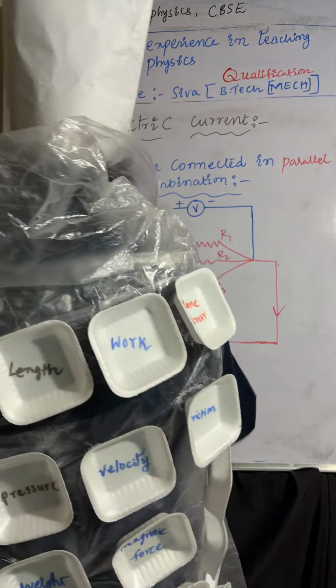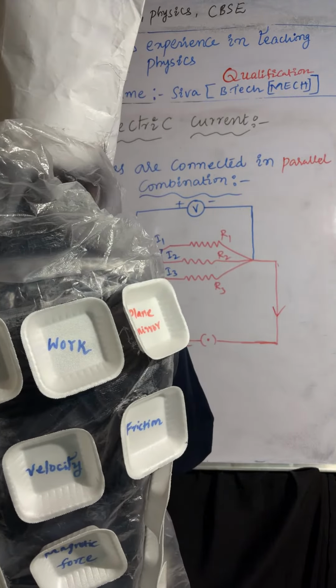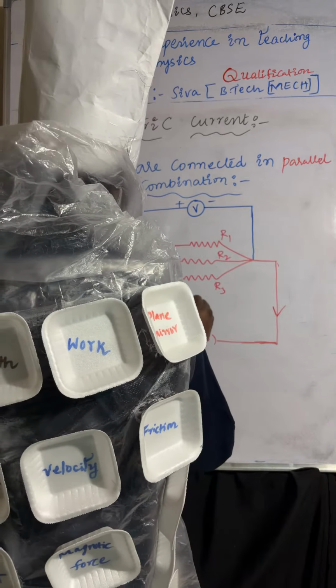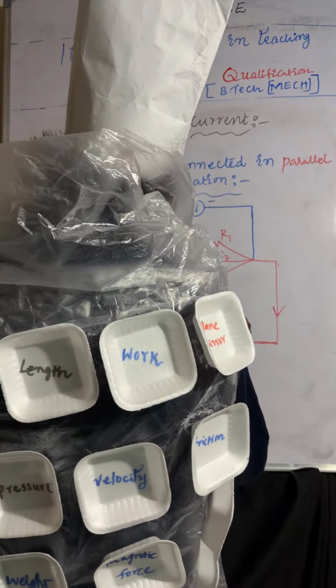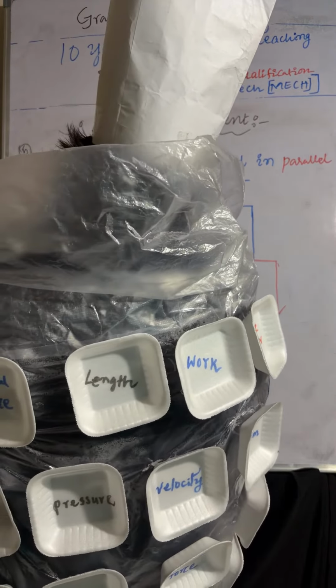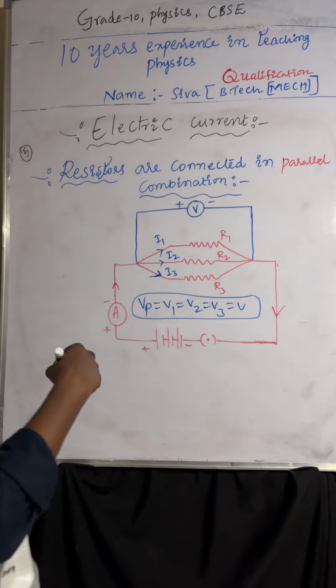So here potential difference is same. So Vp equal to V1 equal to V2 equal to V3 equal to V. Understood or not? Potential difference is same.